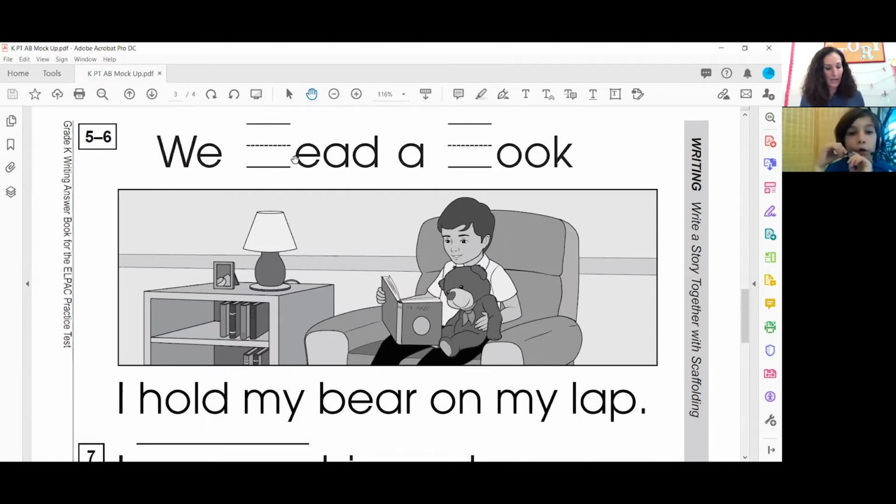Read. Now, good. Now write the first letter of the word read where you see my pointer. On your paper, it's number 5. Good job. Thank you.